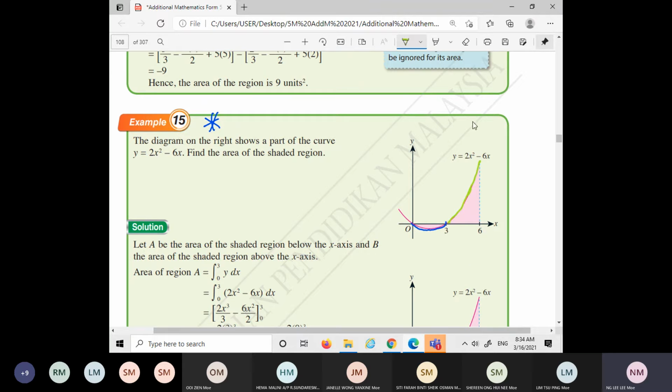So it separates into two. You have to separate the integration. You cannot do it in one shot from 0 to 6, then you cannot get the answer, because these two give you different signs. So you have to separate the integration, from 0 to 3, then the other one from 3 to 6. And for the 0 to 3 one, remember to change it to positive before you add it to the 3 to 6 one.